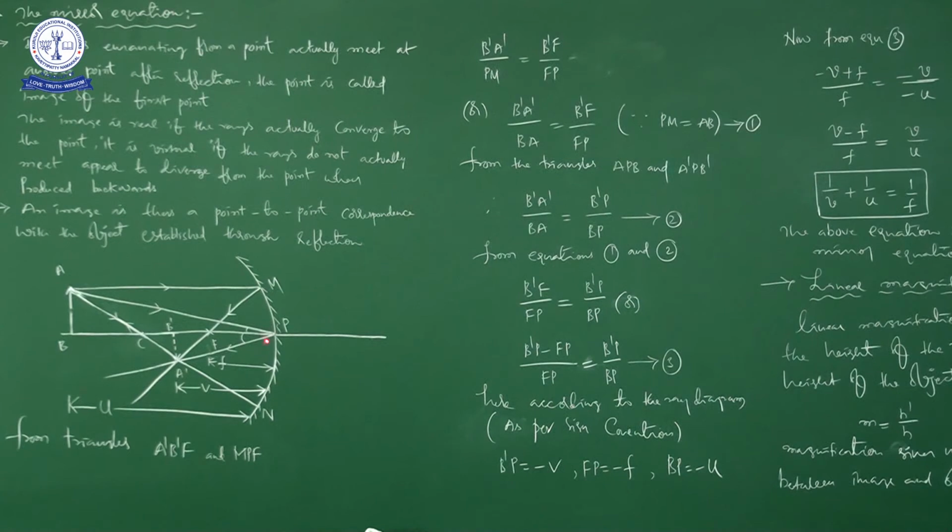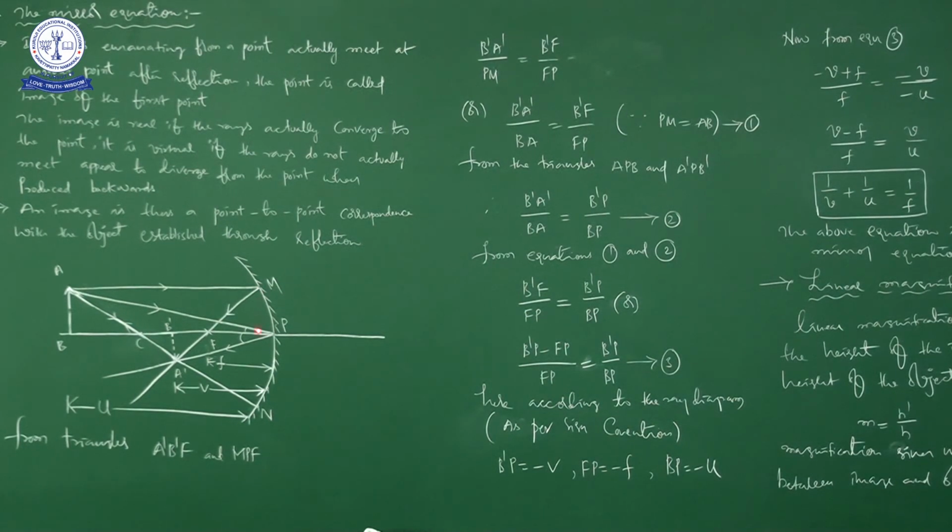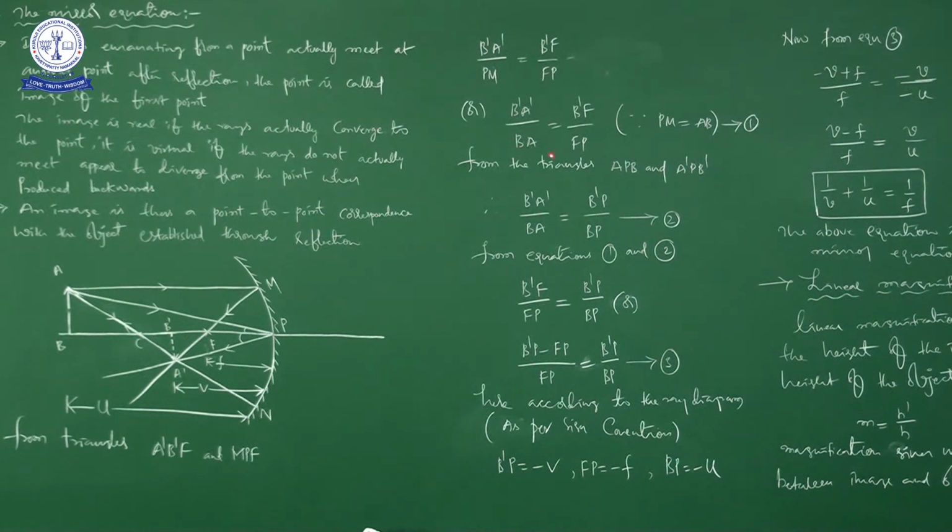If the curvature is small, you can neglect it, right? So PM and BA are both equal in magnitude, so PM is replaced by BA, so that B dash A dash by BA is equal to B dash F by FP, since PM is equal to AB. It is equation number 1.